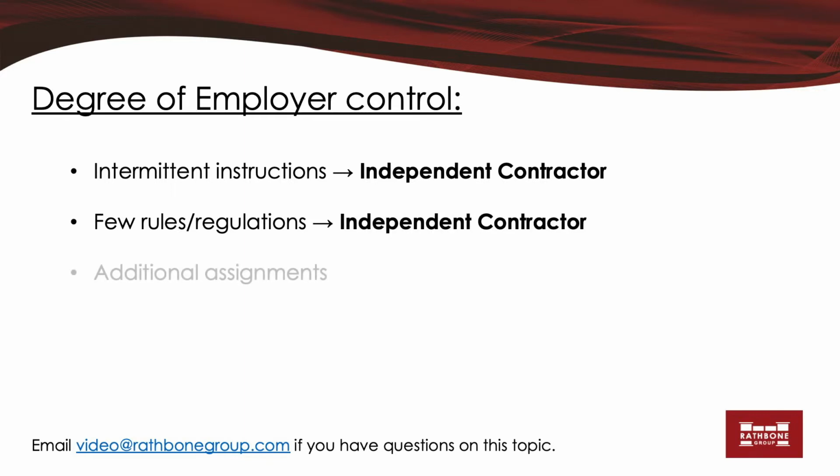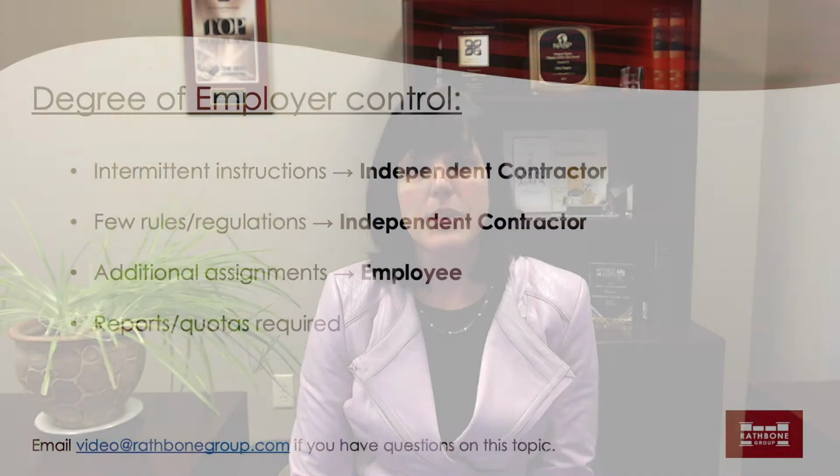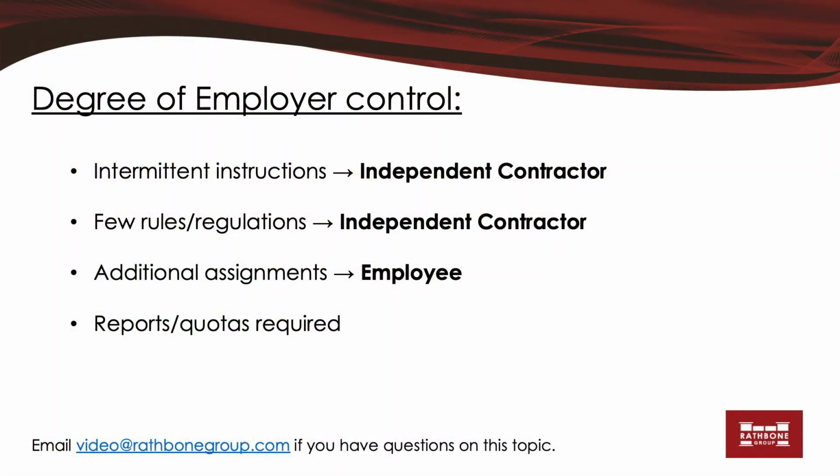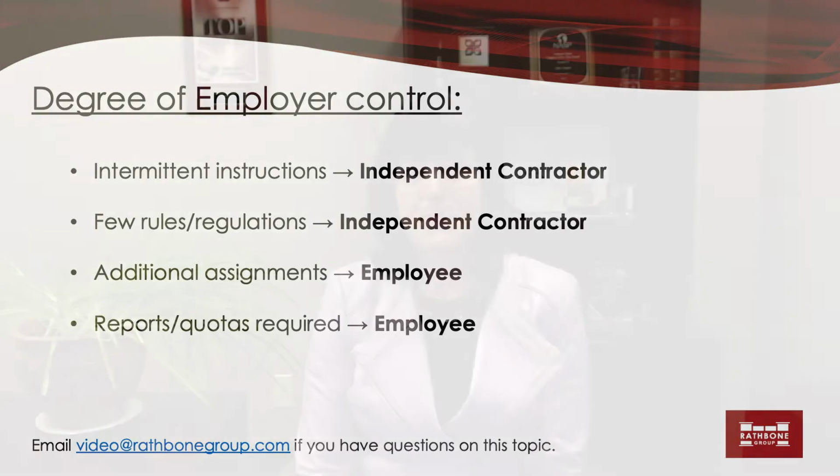If there's additional projects that are assigned later on, then that could be potential control by the employer. And then when the job is complete, if the employer is requiring the contractor to write reports or meet a certain number of quotas or provide reports regarding compliance when the job is complete, that can lend itself to the employer having more control over the independent contractor as well.